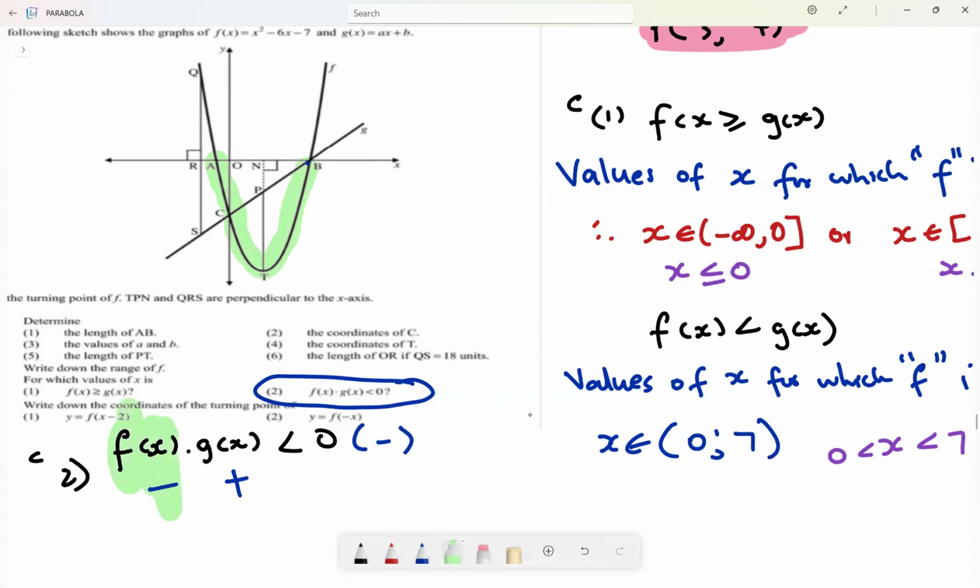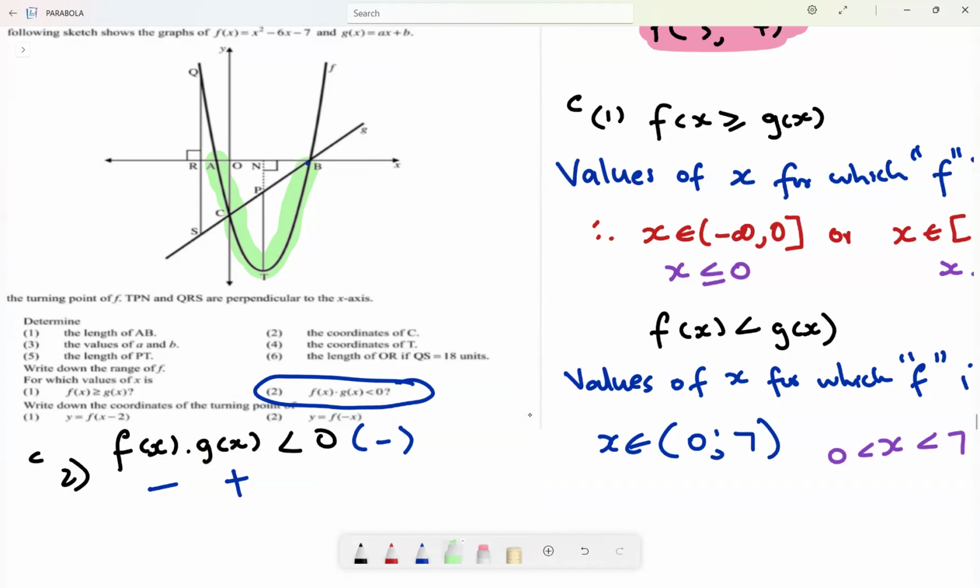Remember, I wanted this part first. And on this portion, can you see it is positive like that. Then I move. I want also where g of x is positive. Where is g of x positive? g of x is positive when y is greater than 0.